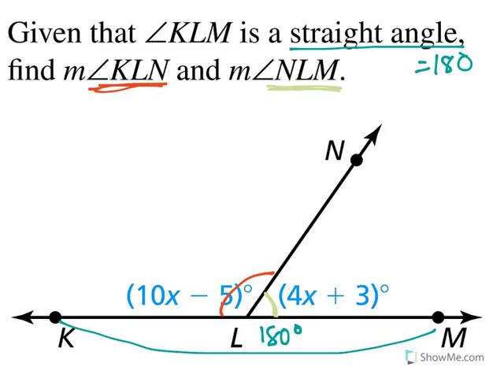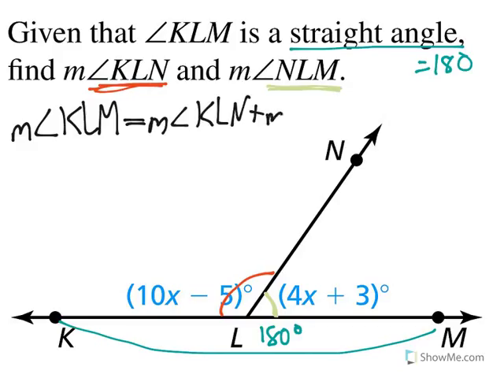So if I want to find the total, think about angle addition postulate that we just looked at. It tells me that the measure of KLM would be equal to the angles that make up that total angle. So I could do the measure of KLN plus the measure of NLM.